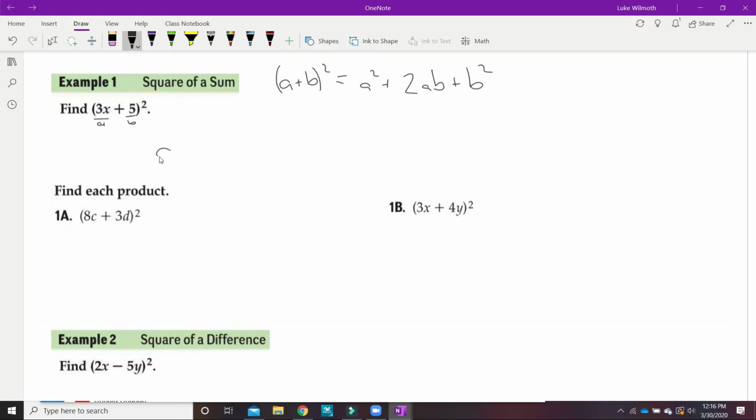So a squared would be 3x squared, which is 9x squared. B squared is just 5 squared, which is 25. Now I have to do the 2ab in the middle.